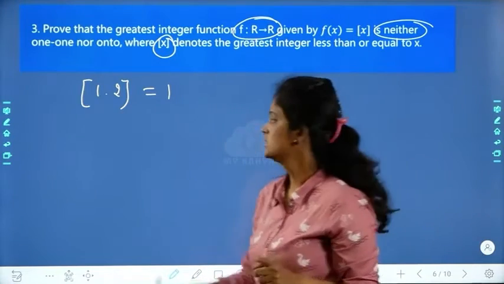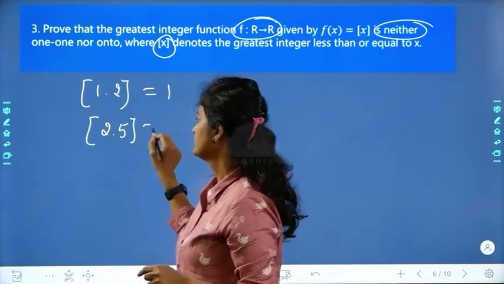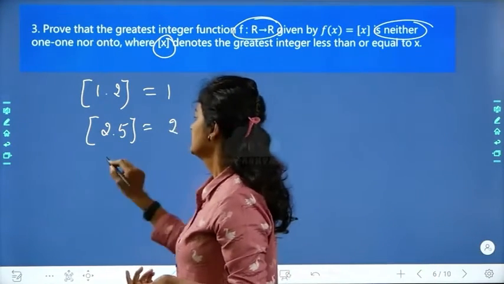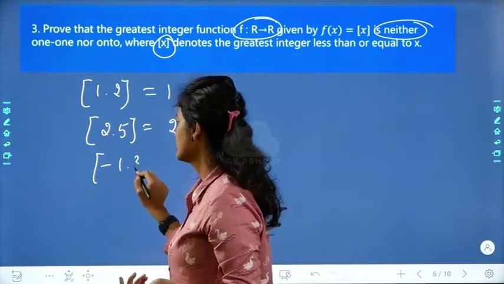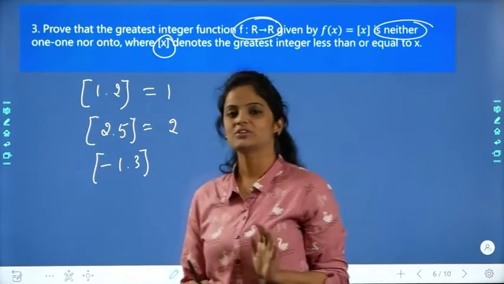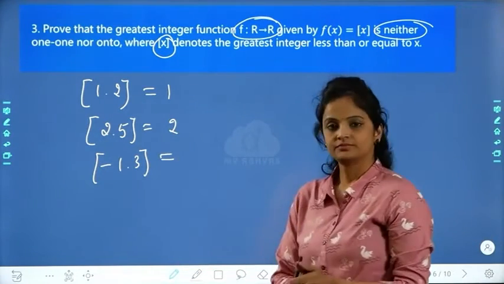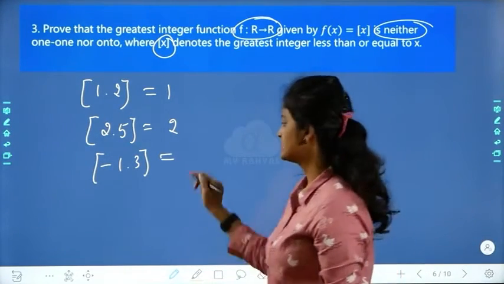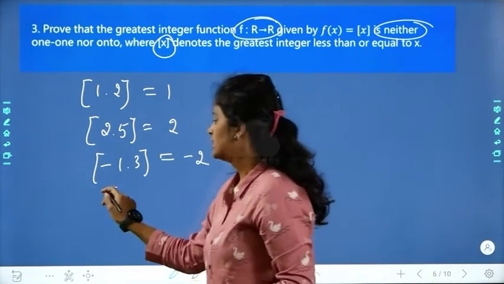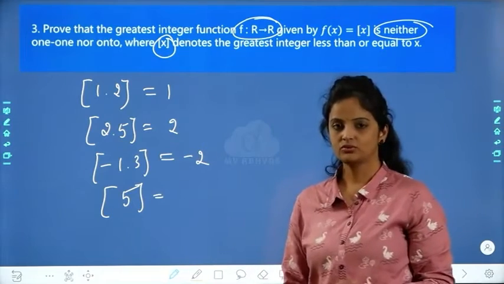That you remember always. Now if I take 2.5, tell me what is the greatest integer of this? 2. If I have taken minus 1.3, negative. Be careful when you take negatives because many students will go wrong there. Minus 1.3, the greatest integer will be minus 2. Now, if you have an integer itself, what do I have to do?